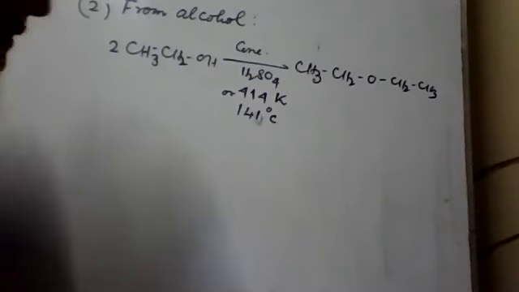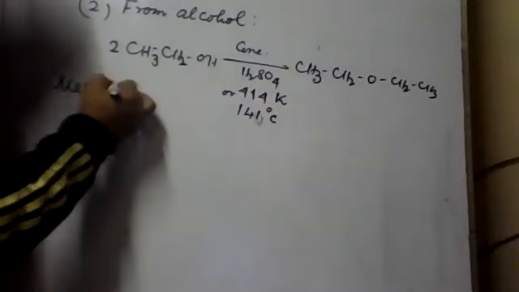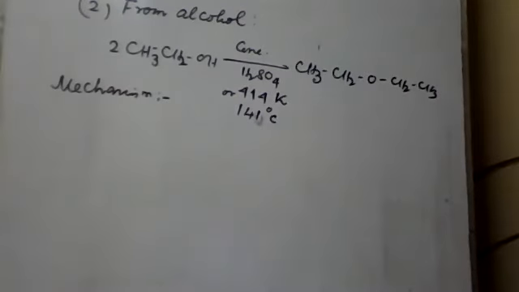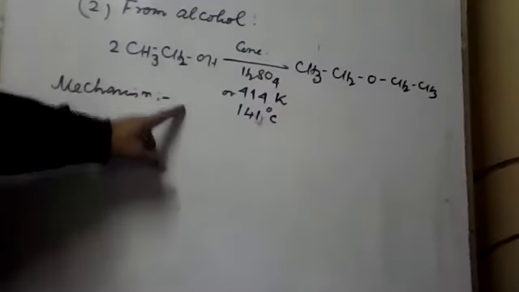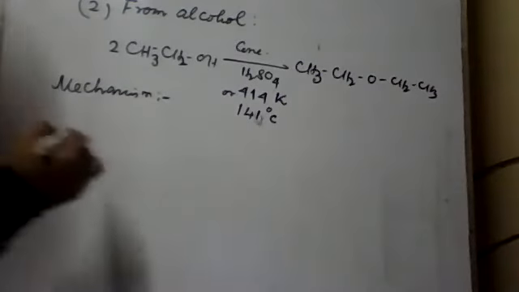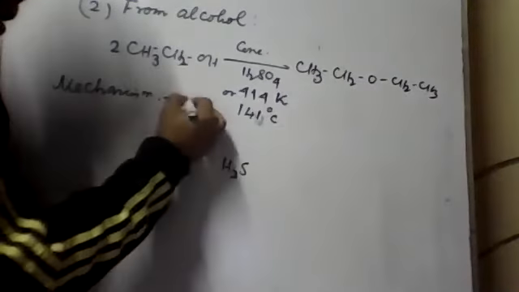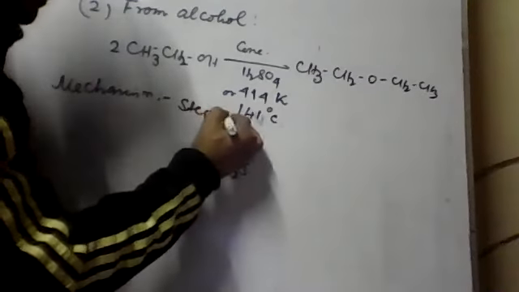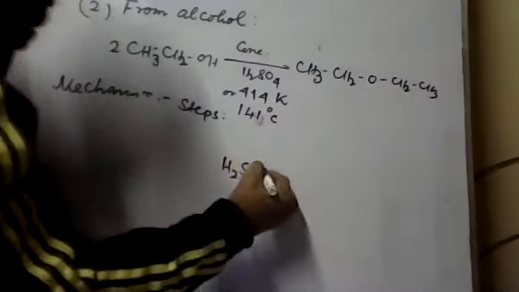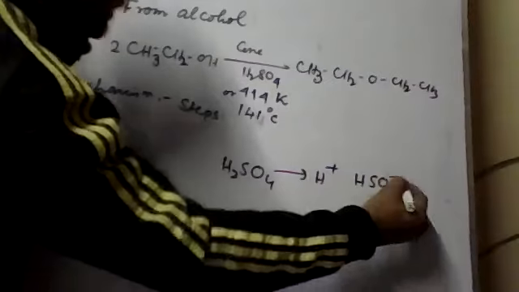Same type. So here you write the mechanism steps, and keep some space blank. First, sulfuric acid will dissociate: H plus and HSO4 minus.